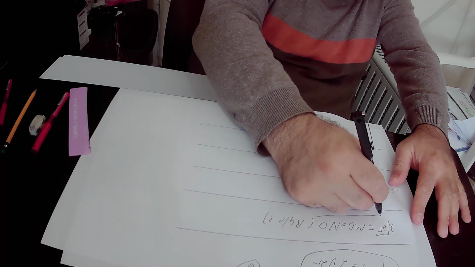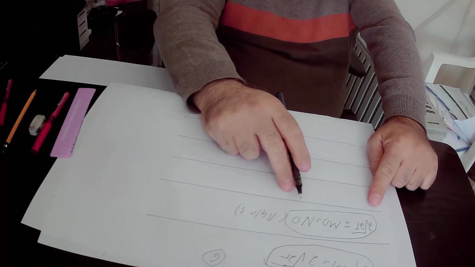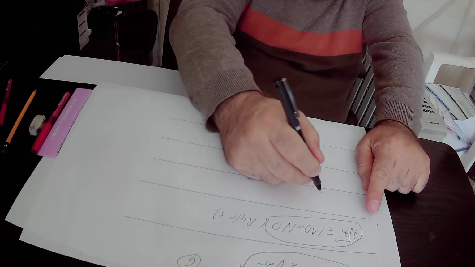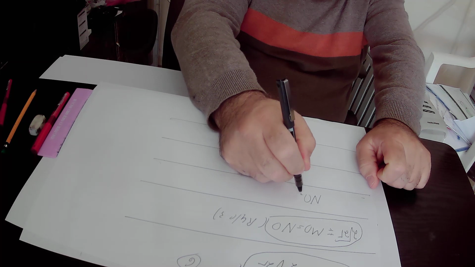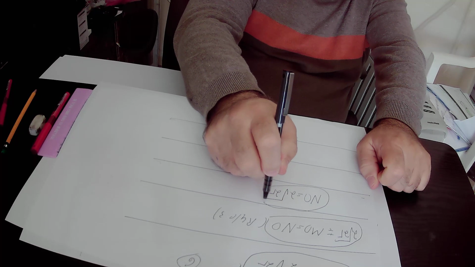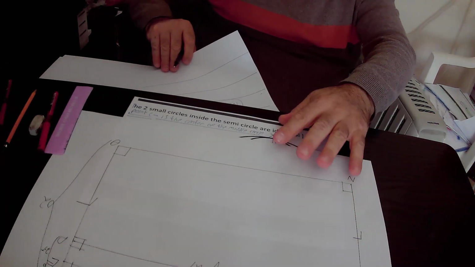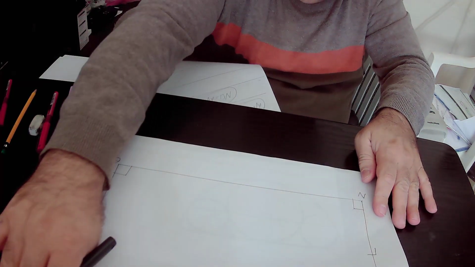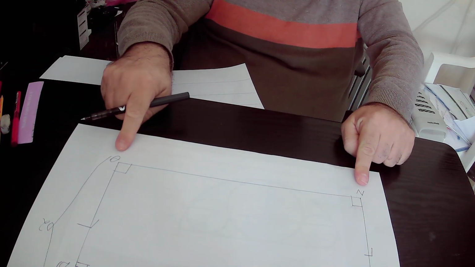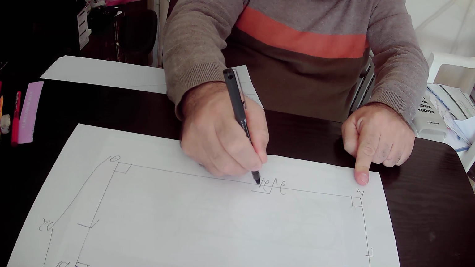So from this equality, we will derive that NO also equals to 2 times square root of 2R. So we can write here that NO equals to 2 times square root of 2R.